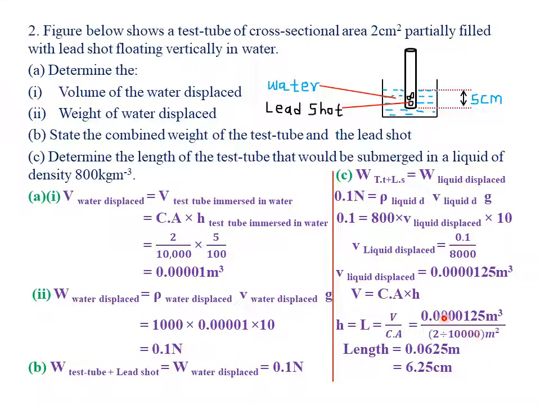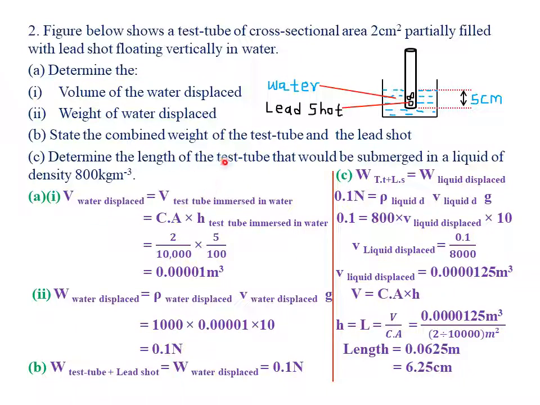So if I take 0.0000125 cubic meter divided by 2 divided by 10,000 square meters, I'll simply obtain the length, which is equal to the height, which is equal to 0.0625 meters, which when expressed in centimeters, we shall obtain 6.25 centimeters.